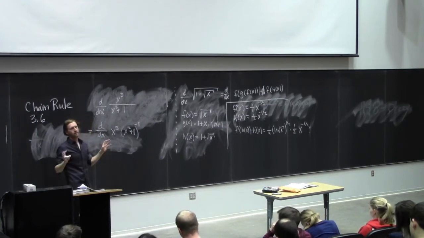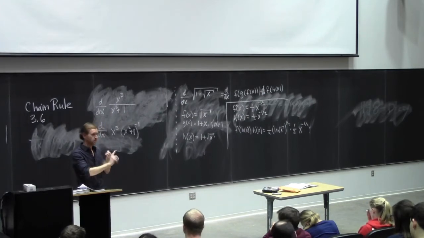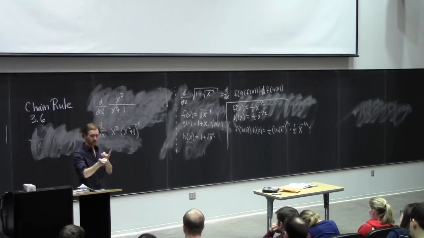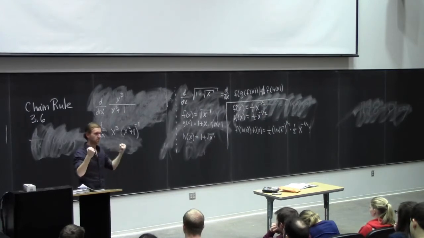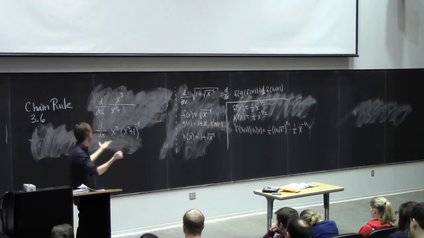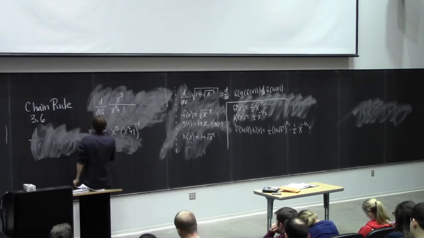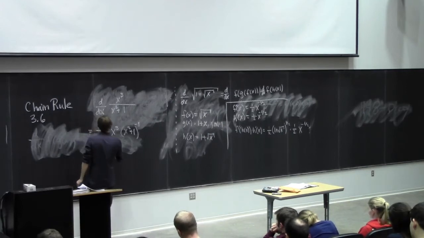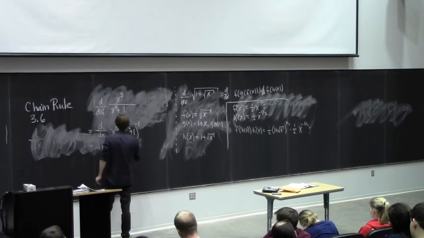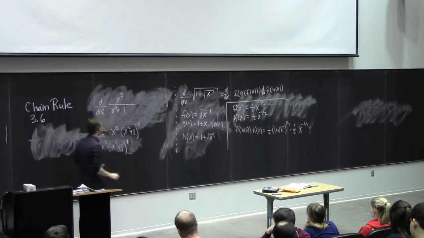Now, what rules do we have to use at this point? We got to use the chain rule, the product rule, and the sum rule, and the power rule. The power rule is going to have to be used. OK, so let's do it. This is equal to 3x squared times x squared plus 1 to the minus 1.